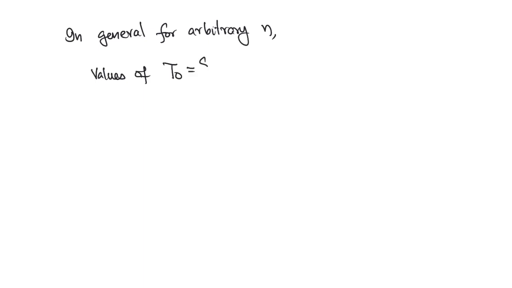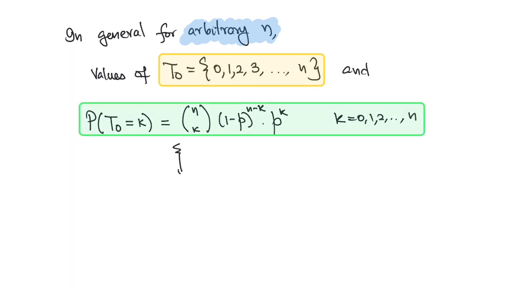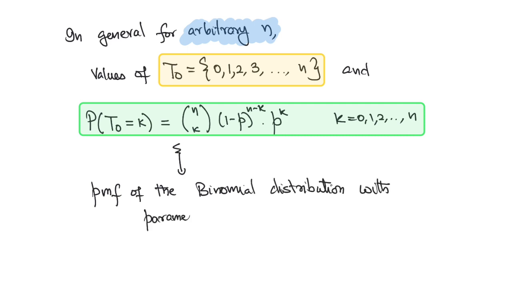Perhaps now we are ready for the general formula. That is, when n is arbitrary, the sample total takes values going from 0, 1, 2, 3 all the way up to n. And the probability that the sample total takes the value k is exactly given by the following formula, which is the PMF of the binomial distribution with parameters n and p.